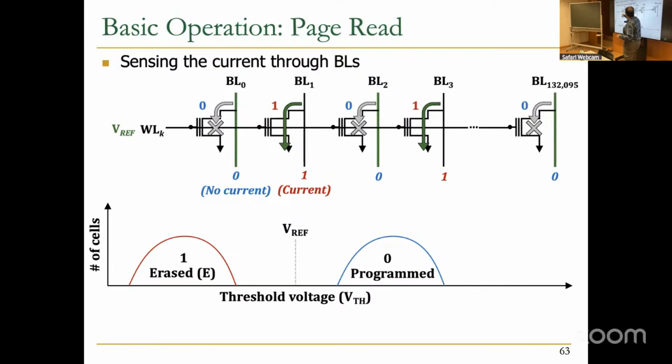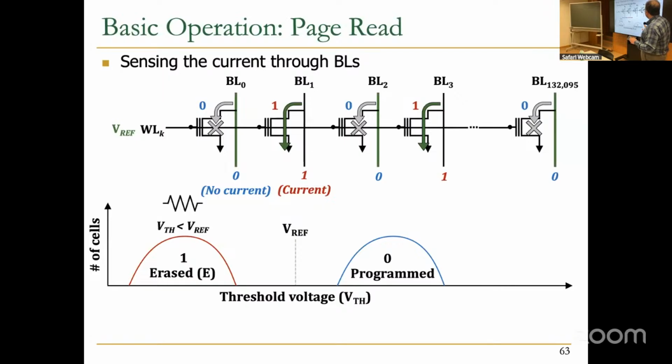Here, for example, the current doesn't flow, so you know that when I apply the reference voltage, this cell acts as an open switch, meaning that I already programmed it, so you will encode it as 0. For this one, my current flows, so I will encode it as 1, and that's how it is. There is circuitry here that detects whether the current flows or not, which I'm ignoring at this moment. I have it in my backup slide if you're interested, you can check. But at the high level, this is how it works.